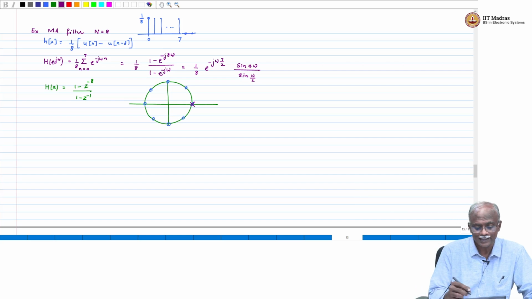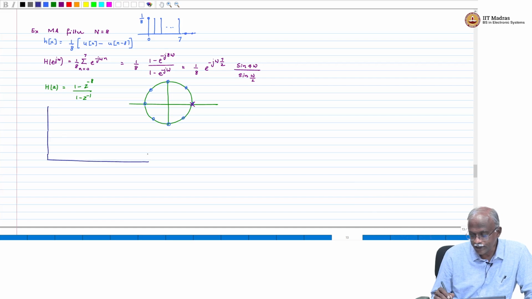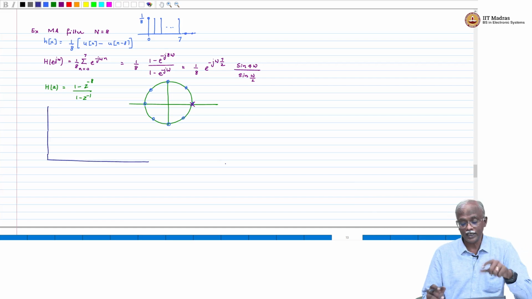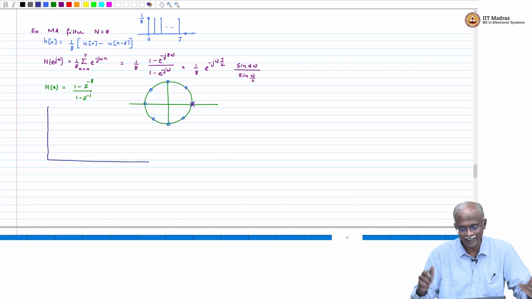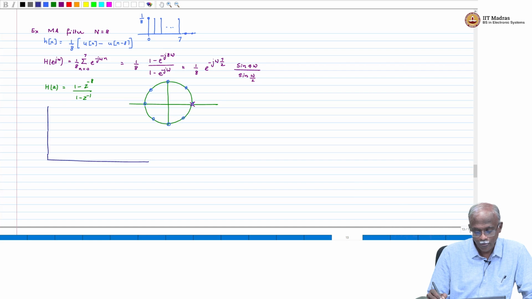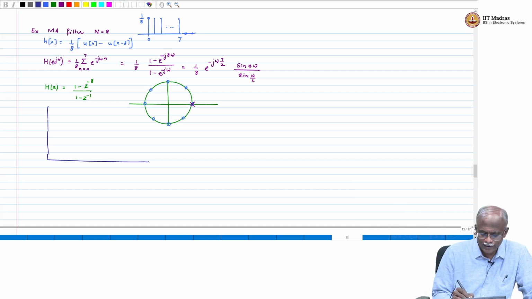Why are we studying this? Using the principles of what we have studied in terms of the magnitude response, can you now help sketch the magnitude response of this particular transfer function, where the 7 zeros are uniformly spaced around the unit circle except at omega equal to 0? At omega equal to 0, you are not very near to any of the zeros. You start at some gain, let that be some arbitrary value. Then as you approach the first zero, the transfer function goes down to 0, then starts to increase.